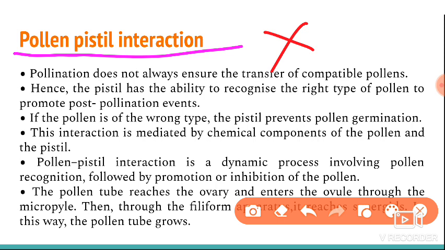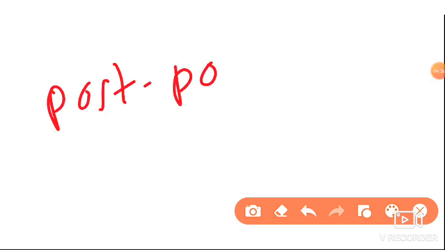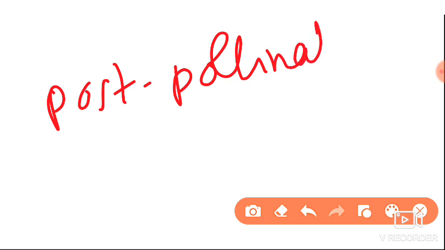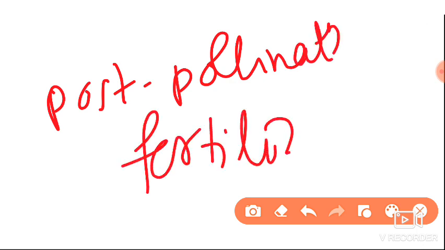And an enormous number of pollen grains are produced here. Okay, a lot of pollen grains are produced, but only a few of them get a chance for the post pollination events. Post pollination event is nothing but fertilization.